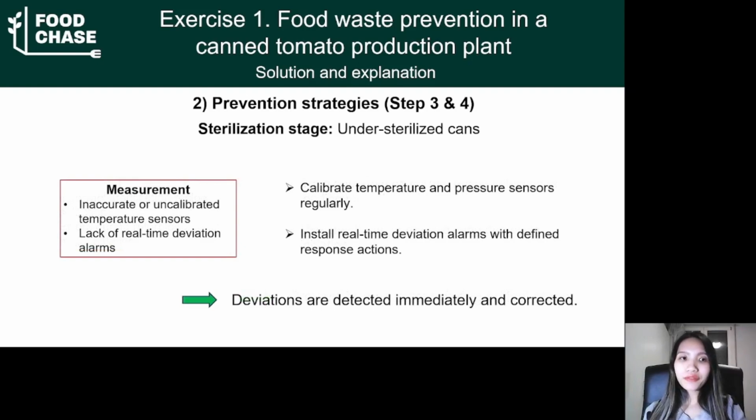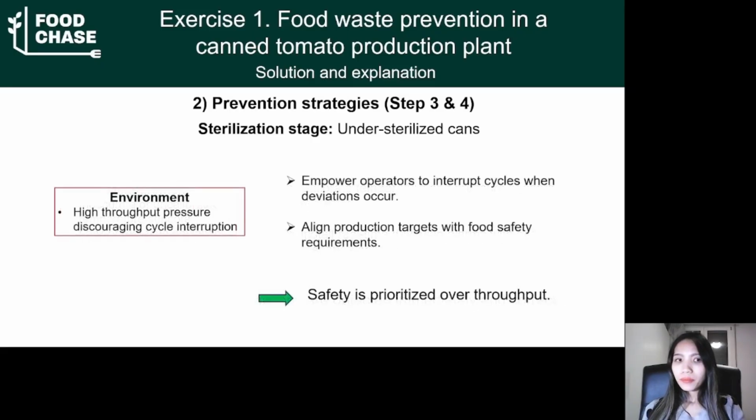For the measurement factor, we can calibrate temperature and pressure sensors regularly, so regular maintenance. Install real-time deviation alarms with defined response actions. The deviations for this reason are detected immediately and corrected.